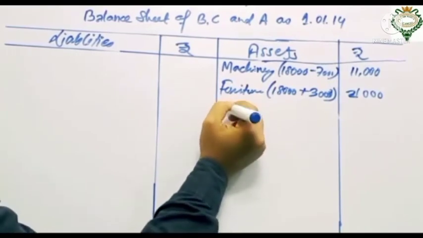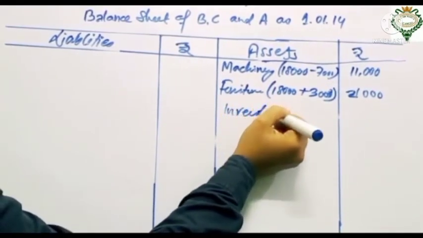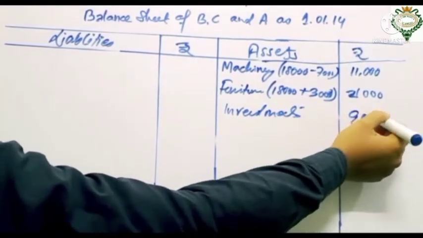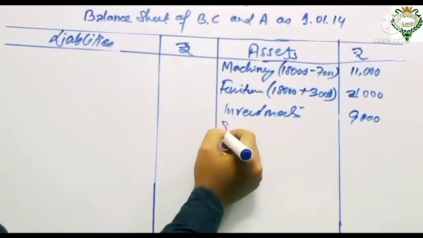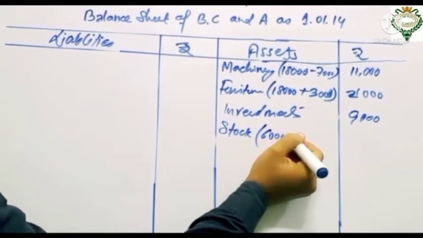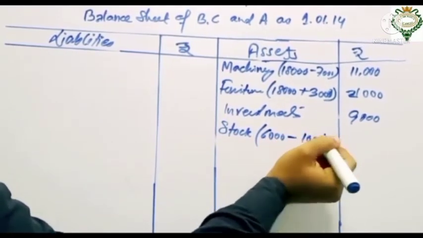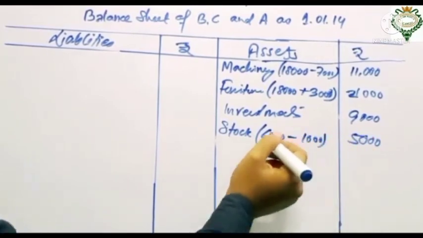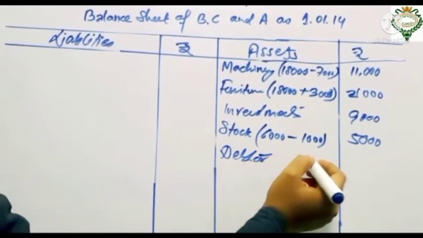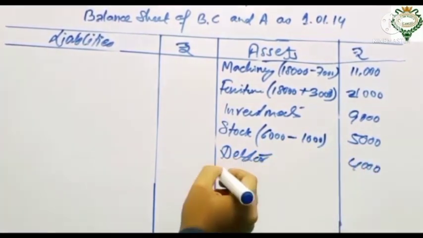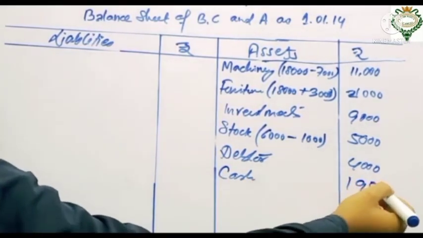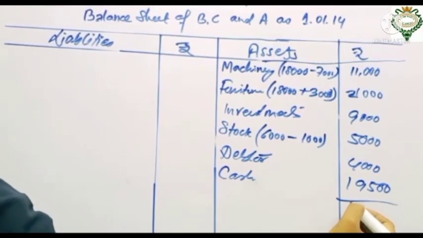Afterwards investment, there is no change, that means the investment is 9,000. Afterwards stock. Previous stock is 6,000, now depreciated by 1,000, that is 5,000. Afterwards debtors 4,000. And lastly cash, that is 19,500.